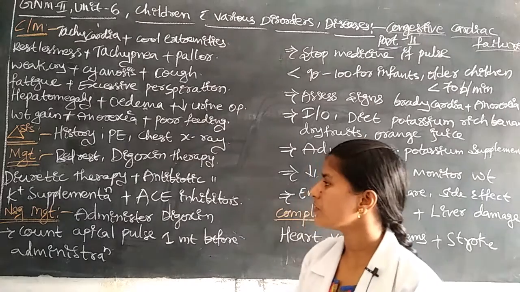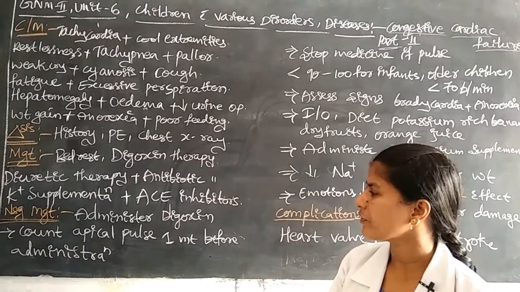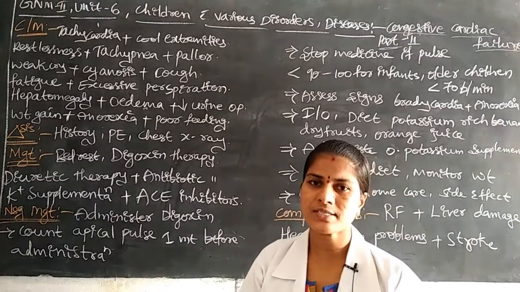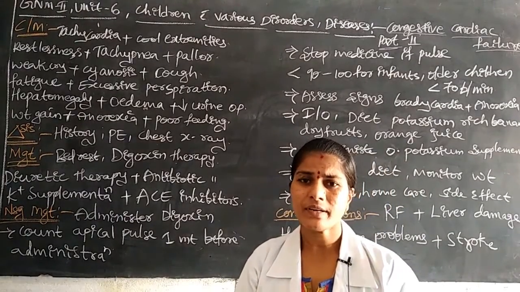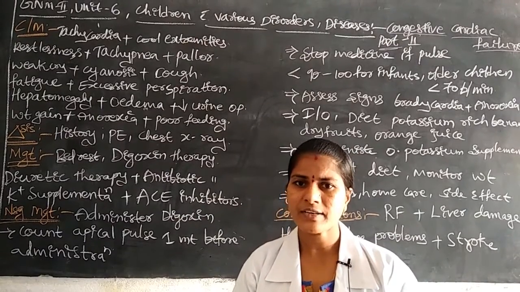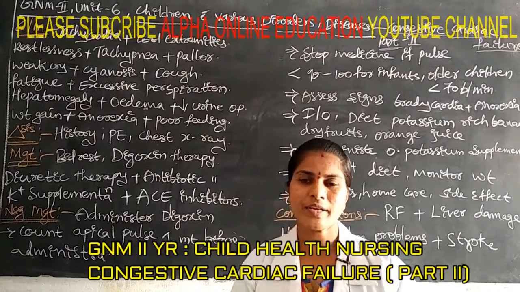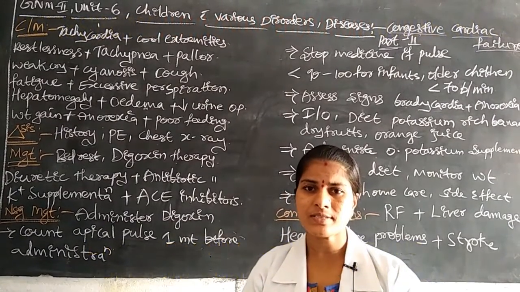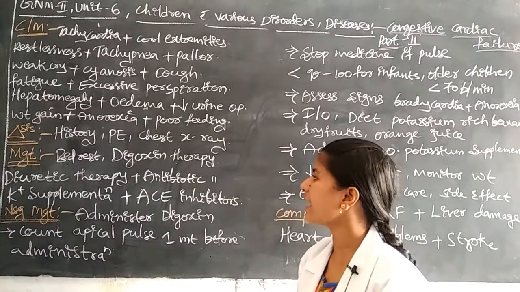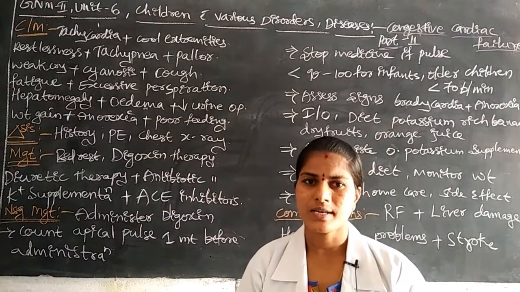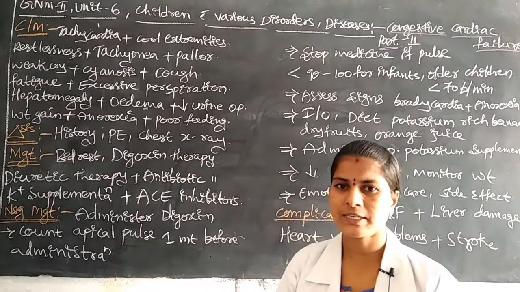Next, if there is any infection, such as endocarditis or myocarditis, viral or bacterial infection in the lungs, or pulmonary or heart diseases, in this condition we have to administer antibiotic therapy to the children for prevention and control of infection.